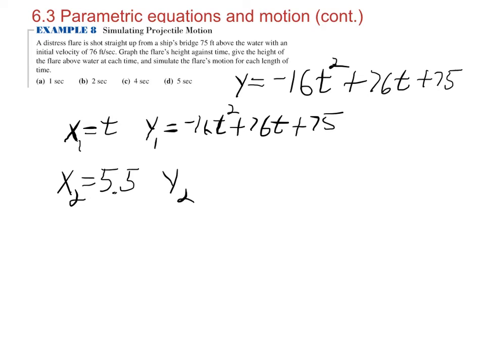Y2 will still be the same equation, negative 16 t squared plus 76t plus 75. But the reason why the 5.5 is there is because our graphs won't intersect at this point because we are done looking at the other graph at 5 seconds.